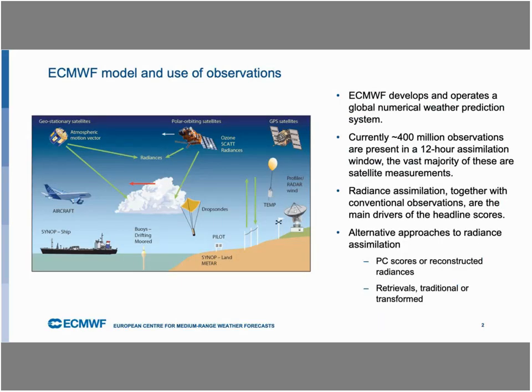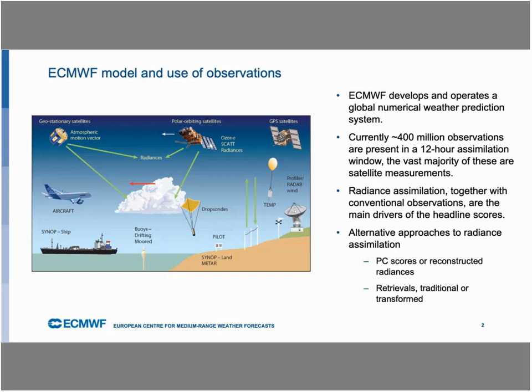So, as you probably know, ECMWF is developing a global numerical weather prediction system, and currently we are using over 400 million observations in each 12-hour assimilation window, twice a day. And the vast majority of these observations are satellite measurements.